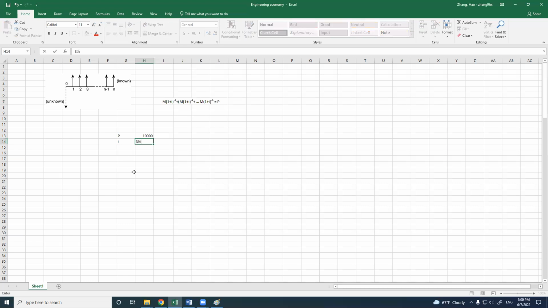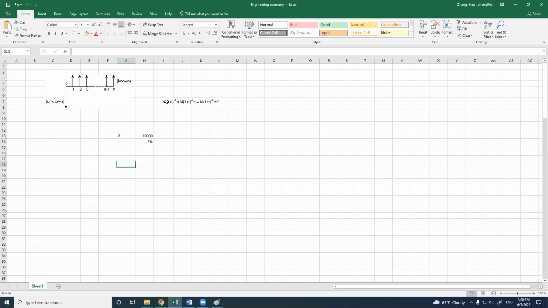Okay, 3% interest rate. And now we want to find out what M is. This is the equation for calculating M. We know P, we know I, we know how many periods.